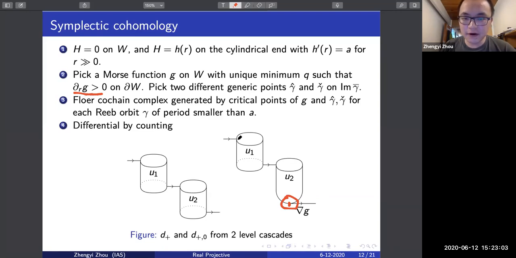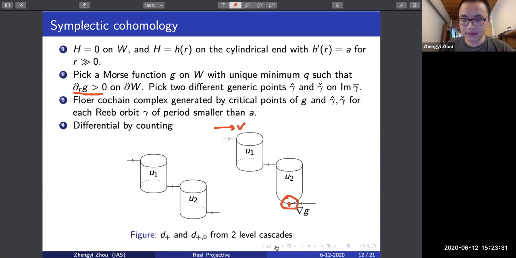And all these horizontal lines are a flow inside the image of the Hamiltonian orbit. The convention is it always flows towards the check orbit. Okay, and here is some flow following the gradient of my Morse function g. And this is exactly the cascade model constructed by Bourgeois and Oancea for autonomous Hamiltonians.